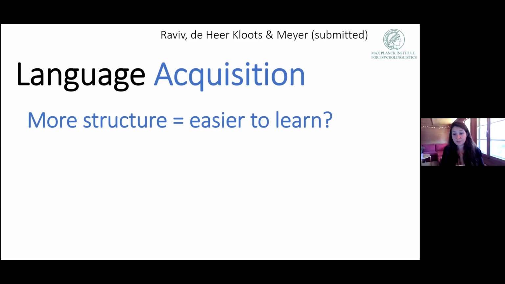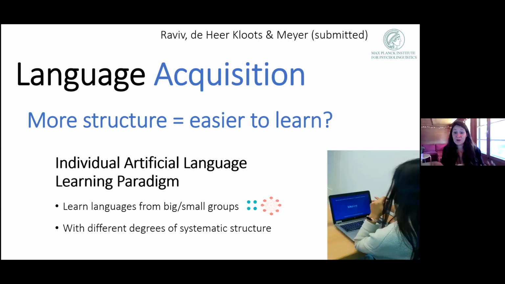So to test this idea, which I think is on one hand pretty intuitive but actually was not very formally tested before, what I did was I took the languages that were created by the big and small groups in this experiment, the final languages, and I taught them to 100 new people who were not a part of the original community, and saw if indeed some languages were better learned than others.